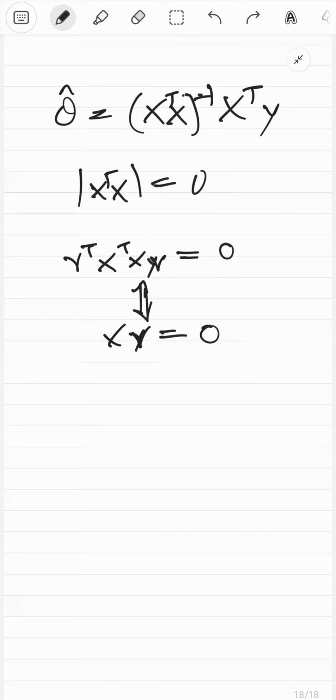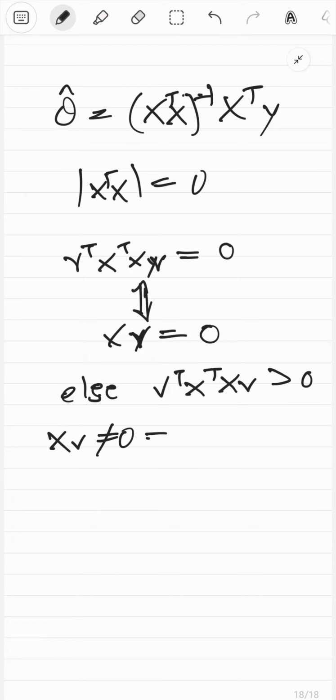It's a trivial property that if this is equal to 0, then Xv has to be equal to 0. Otherwise, v transpose X transpose X v is strictly bigger than 0. So if Xv is not equal to 0, then that implies that X transpose Xv is also not equal to 0, because if it was, how would this even make sense?